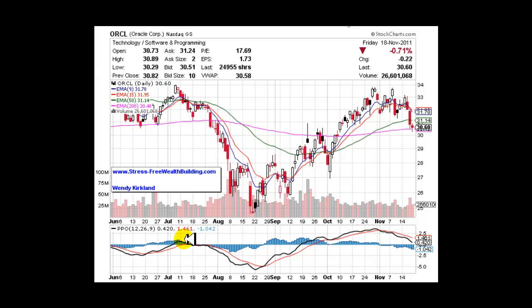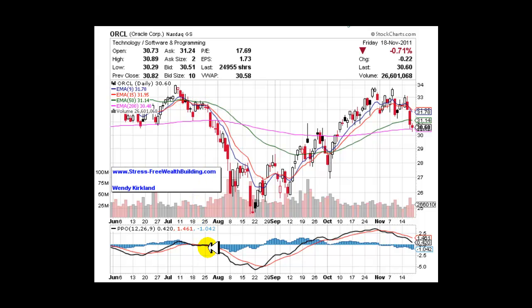Now, if we look back down, we see that we had a PPO cross, but it wasn't a distinct cross. It didn't cross with any space between the lines. We had a cross, but then it kind of went flat. If we look up here and see what we see in the candlesticks, that's exactly what started happening. The price went down, then it went flat for a few days.